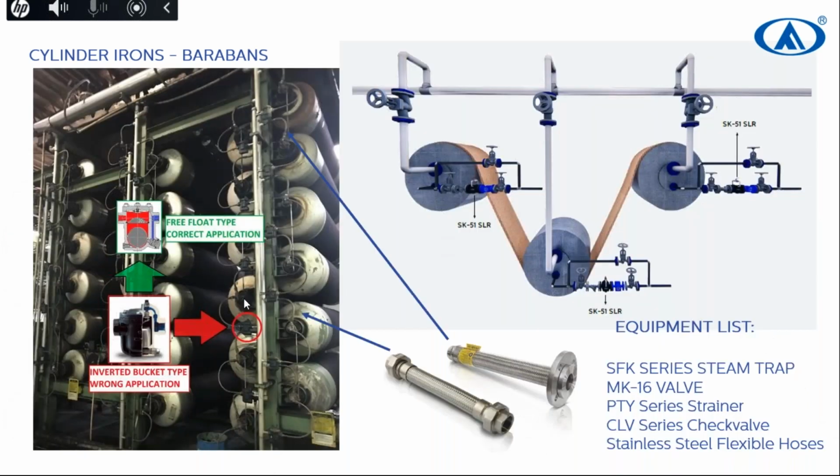In that case, every steam trap is inverted bucket, but it's all wrong. Generally, the clients say that it's from the original. It doesn't matter if the original application is correct or wrong. What matters is that your application must be correct.